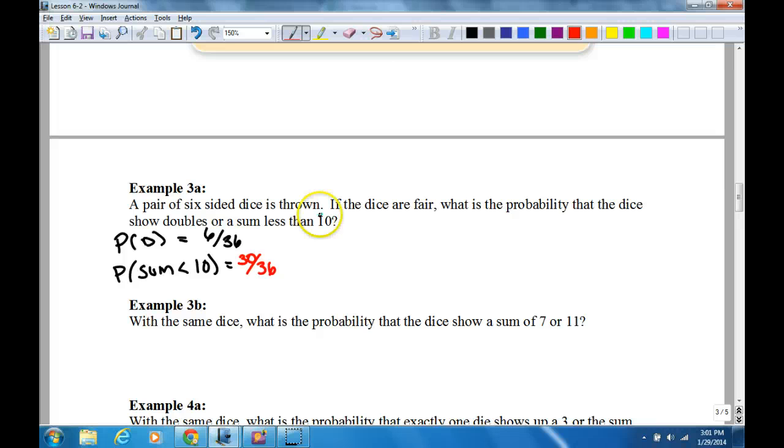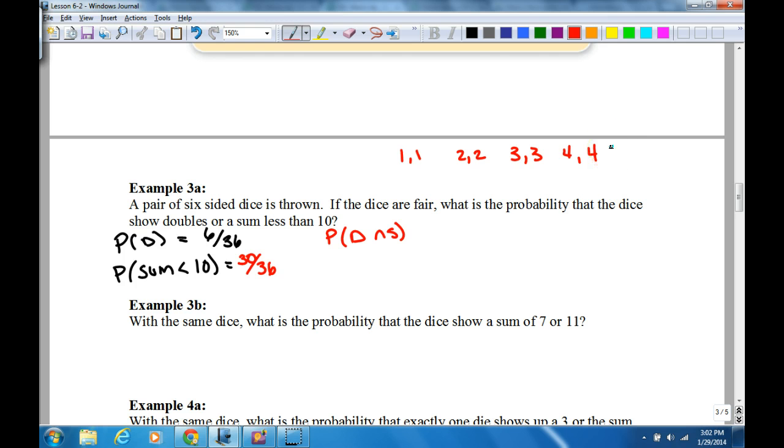All right, so what is the probability of getting a sum that is both a double and less than 10? So what numbers are double and less than 10? You got 1 and 1, doubles, and this is a sum. So 2 and 2, 3 and 3, 4 and 4.